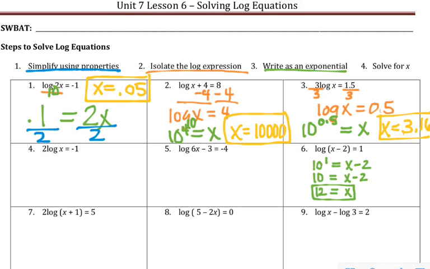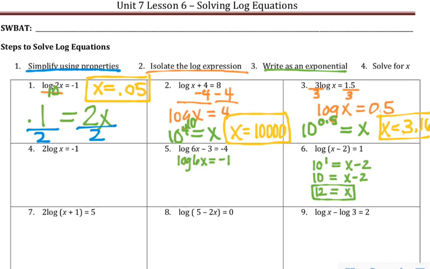What about in number 5, working backwards? Can I get rid of that minus 3 in number 5? Yeah, it's not in parentheses, so I can add the 3 to both sides. And that's going to give me log of 6x equals, not negative 7, negative 1, because negative 4 plus 3 is negative 1.